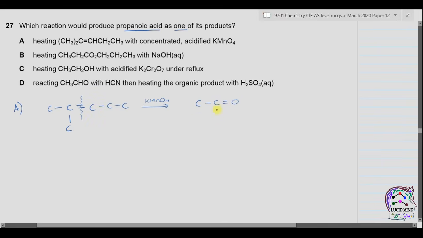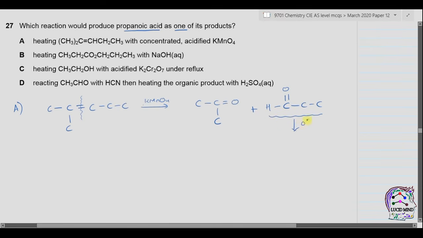First one becomes ketone and second becomes aldehyde. Now as it is concentrated, because of the concentrated KMnO4, this aldehyde won't stop.